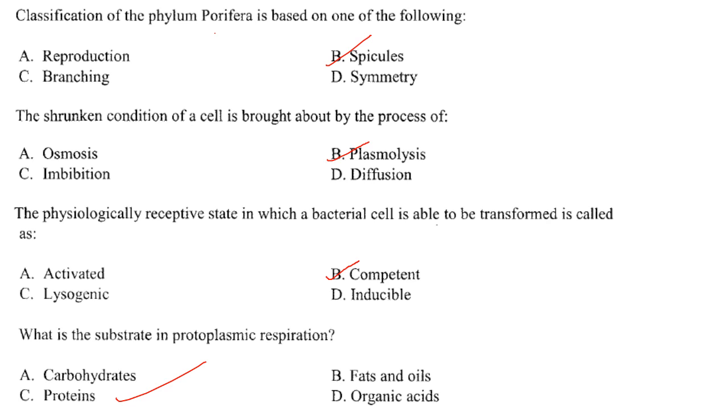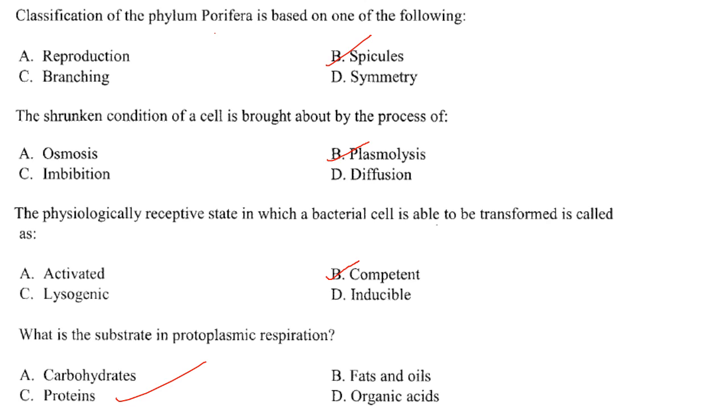Answer is option B. That is, it is a condition in which cells lose water in a hypertonic solution. Then next one. The physiologically receptive state in which a bacterial cell is able to be transformed is called its competence or competent. Answer is option B.